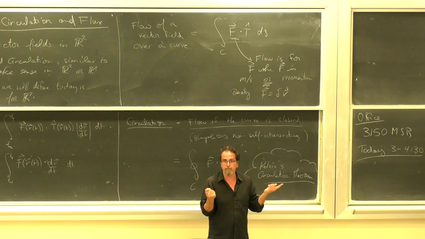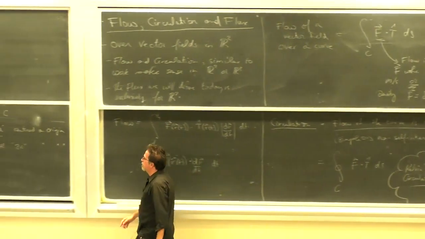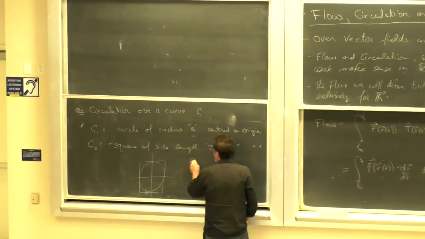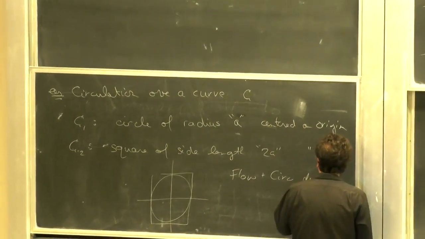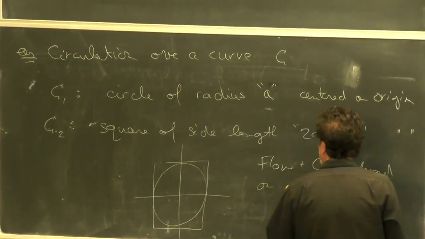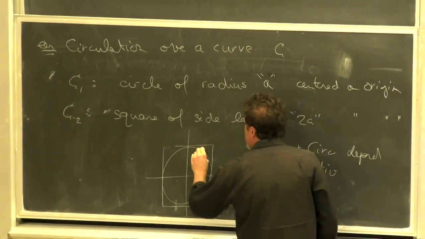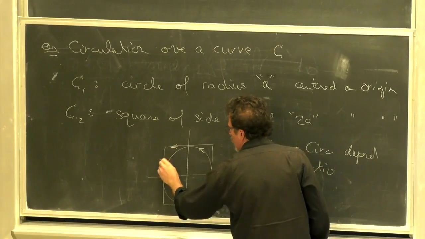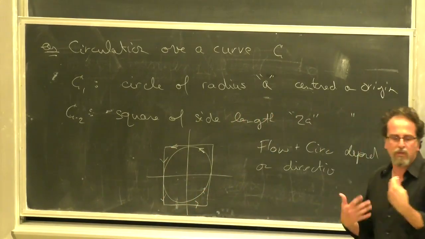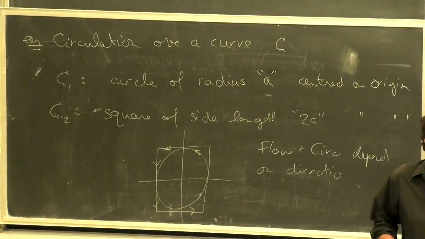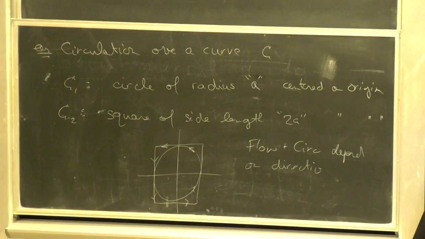Because the dot product is opposite. Okay? So it depends on direction. So flow and circulation depend on direction. And we're going to go with counterclockwise because the circles, we know the counterclockwise parametrization for the circle like that. Okay? And so you might as well stick with it for these other examples.